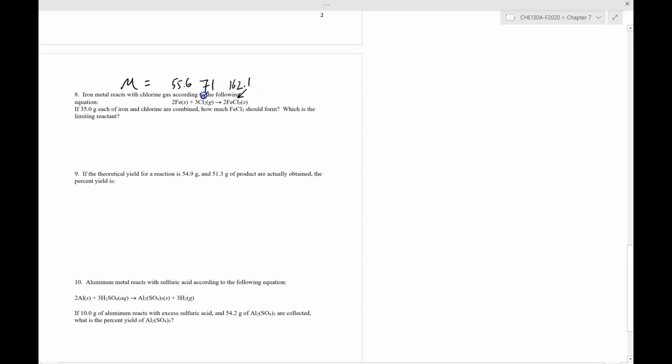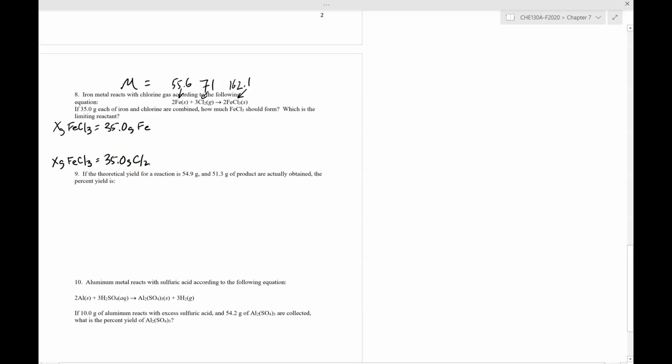So those are our molar masses, just to have them handy. The molar ratios are given by those coefficients. And so what we can do is we're going to do our two calculations. So the first one is how many grams of FeCl3 are equal to 35 grams of iron. And then after we do that, we'll do how many grams of FeCl3 are equal to 35 grams of chlorine.